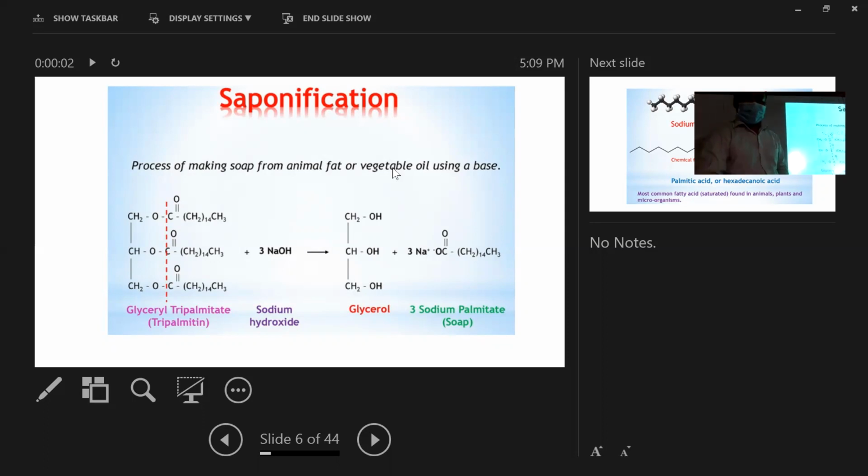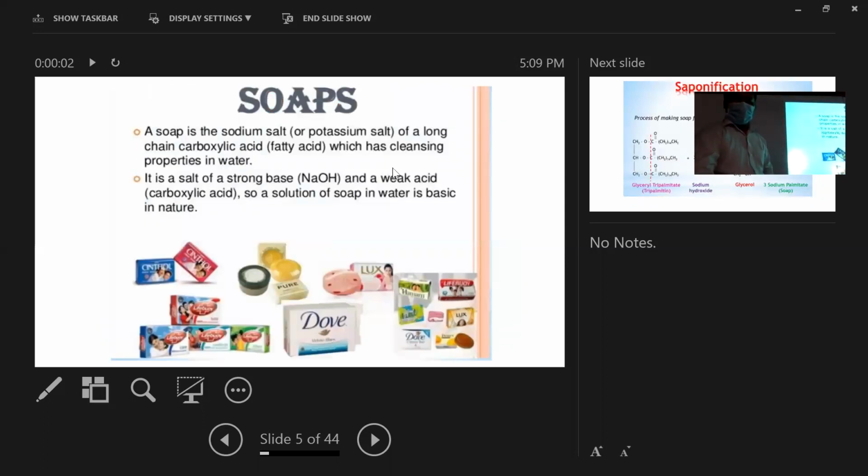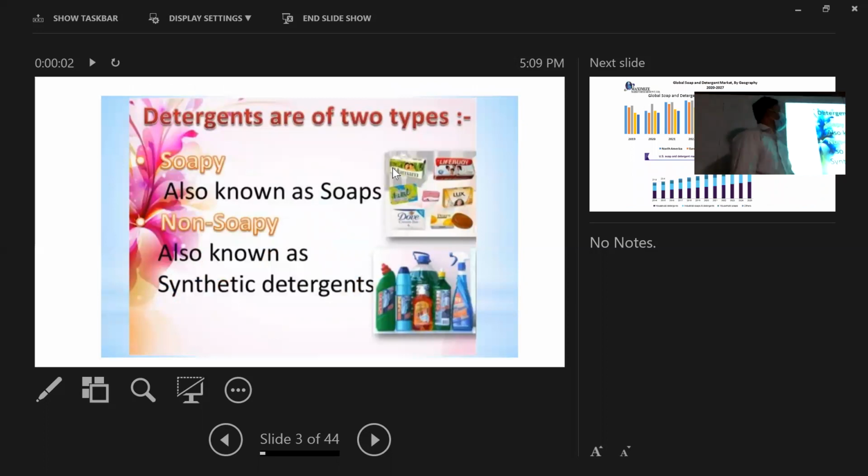So a soap is the sodium salt, as we have mentioned here. First we would like to show detergents are of two types: soapy, also known as soaps, and non-soapy, also known as synthetic detergents.